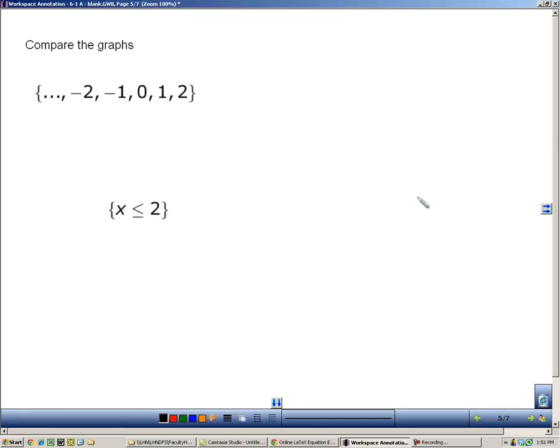I promised you a little bit about graphing, and here's where I want to compare the graphs of these two solution sets. This one here we've done in the past, and so I want to graph it on a number line. I'll do that by starting with the number 2, and then going to 1, 0, -1, -2. Because these are all separated by commas, each individual number should have a blue dot on it.